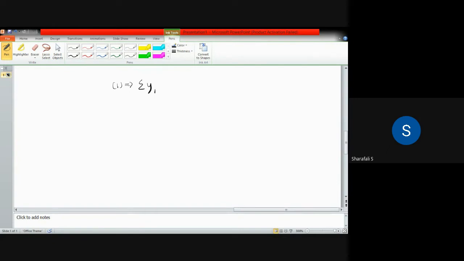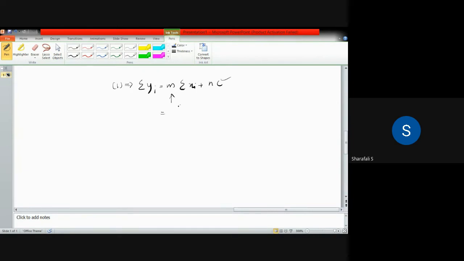Equation number 1 is sigma yi, this should be equal to m into sigma xi plus nc. So if you substitute m here in this equation to get this C, then we can get this C as, so just substitute this value.